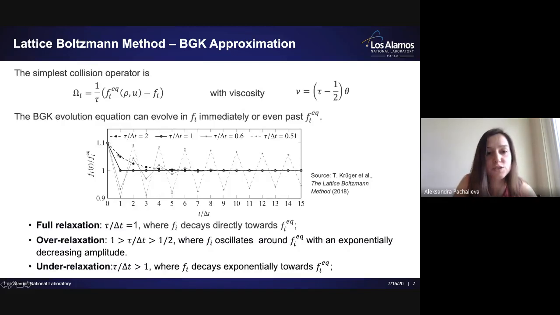That's this dotted dashed line with huge dots, which just shows the decay towards f equilibrium. So please take this in mind. I'll show you some results for over-relaxation and under-relaxation later. So stay with, take this slide in mind.